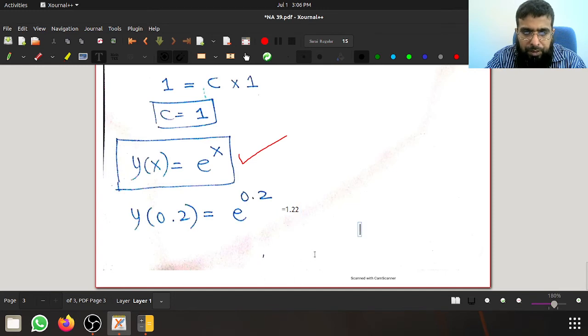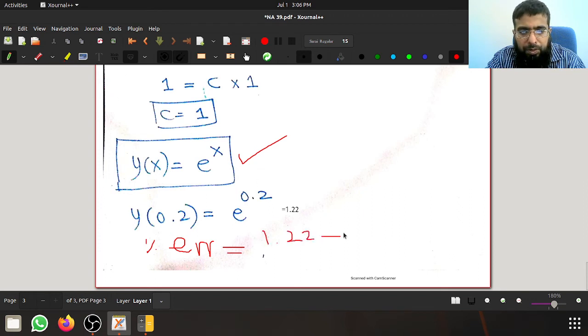And now we can calculate the percentage error as 1.22 minus the approximate answer 1.21 divided by the exact answer 1.22 times 100.